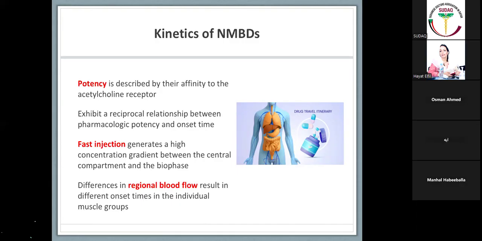Regional blood flow will also affect the kinetics of those drugs in terms of onset time and which specific muscle groups will be paralyzed first in comparison to other muscles.